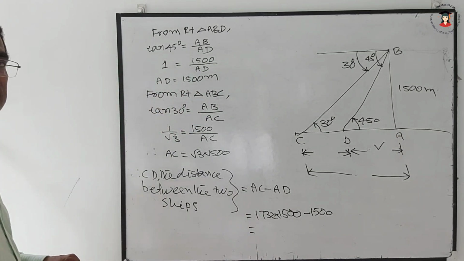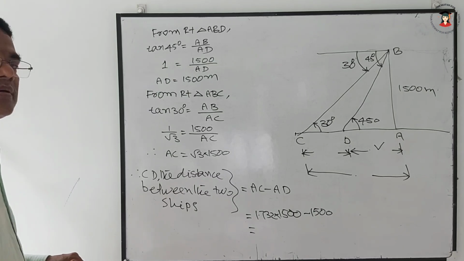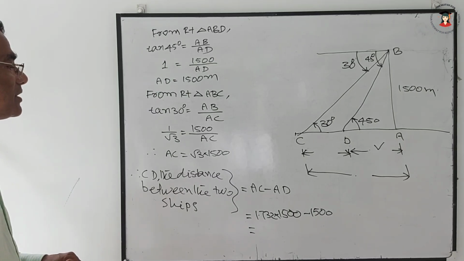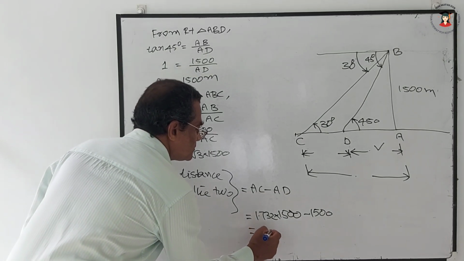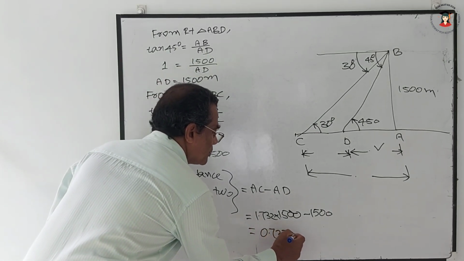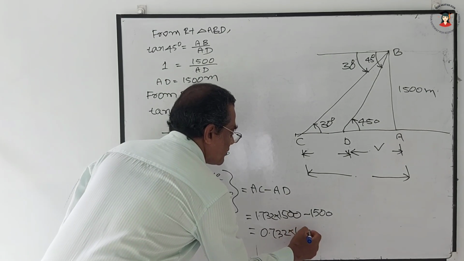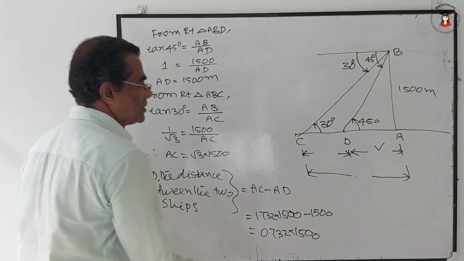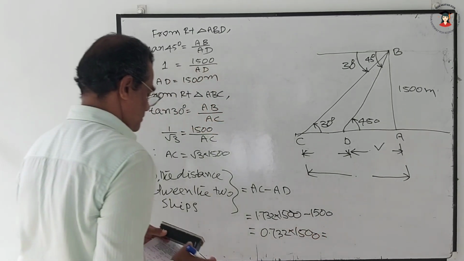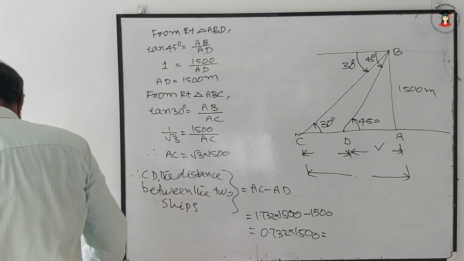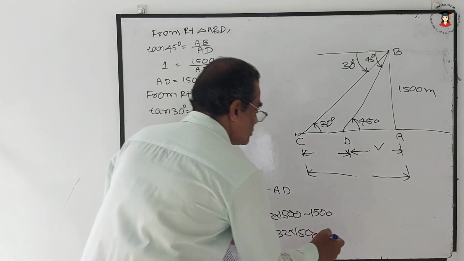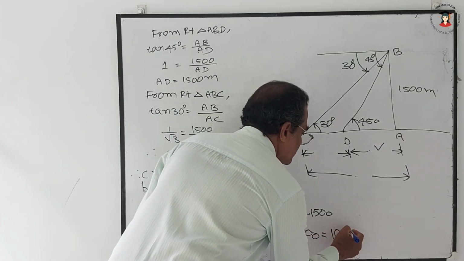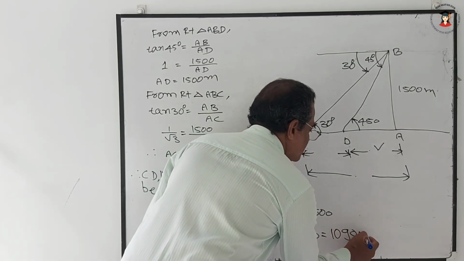Take 1500 outside the bracket, so inside the bracket you will get 1.732 minus 1, and that is equal to 0.732 into 1500. So that is equal to 0.732 into 1500, which is 1098 meter.